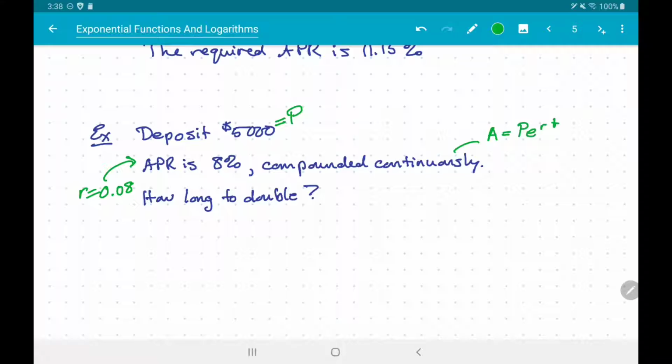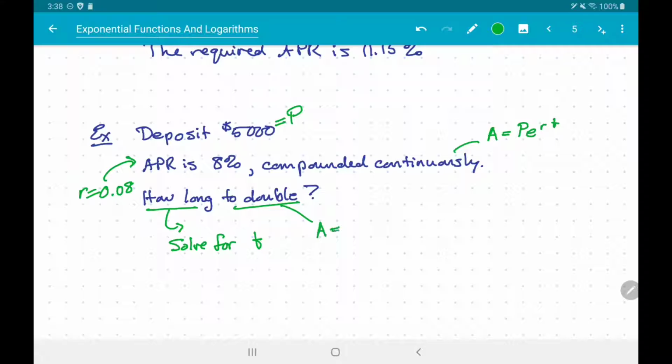How long until it doubles? Well, how long? That means we're going to solve for, what are we going to solve for? Time t. And then how long to double? Well, the account being doubled, what does that mean?